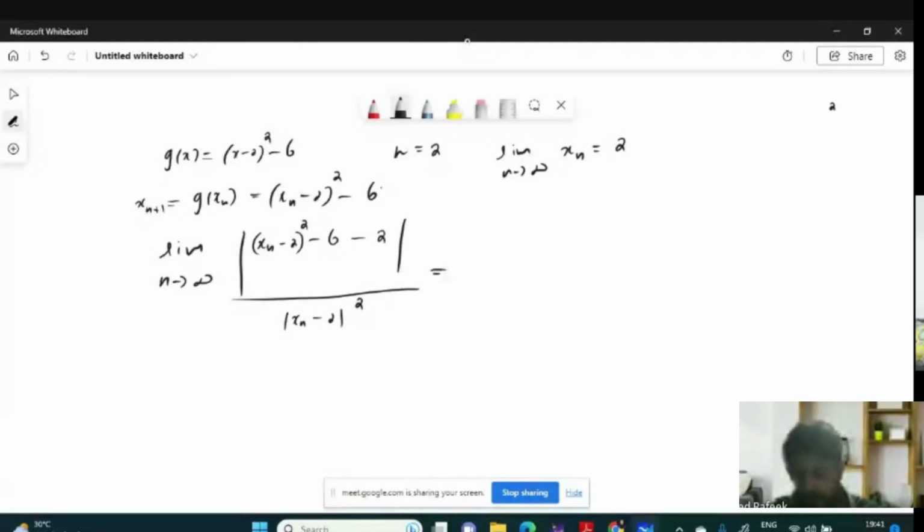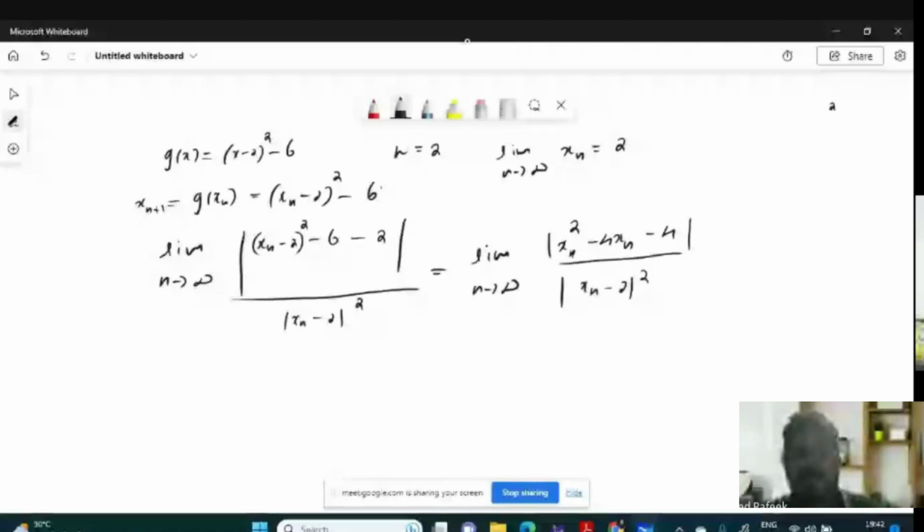If you expand it, you will get xn square minus 4xn plus 4 minus 8. Finally, we get minus 4 divided by modulus of (xn minus 2) whole square.